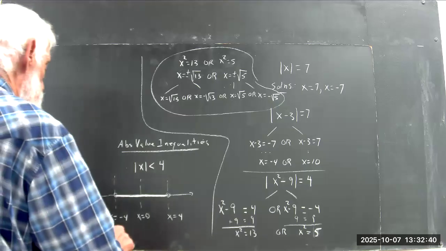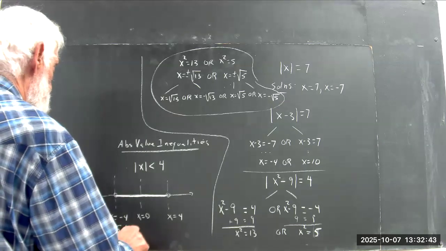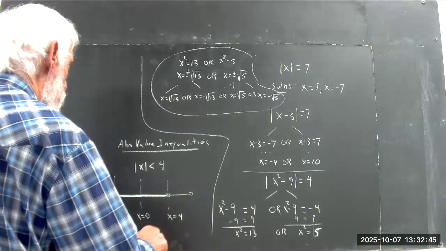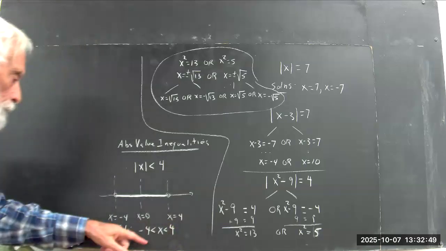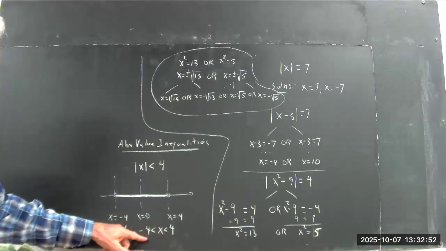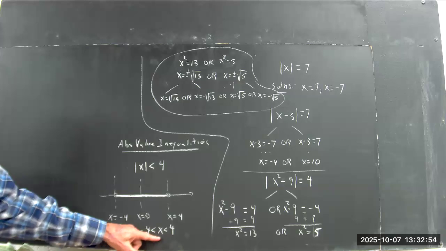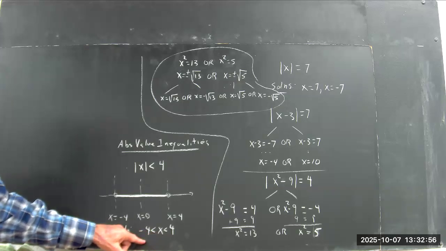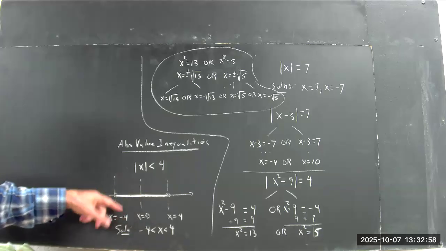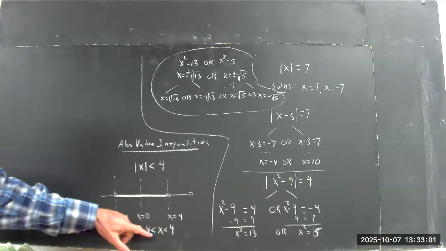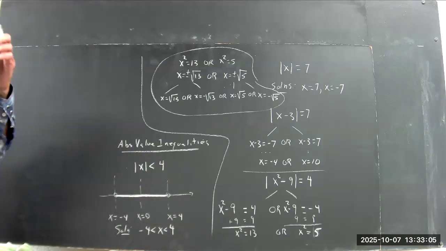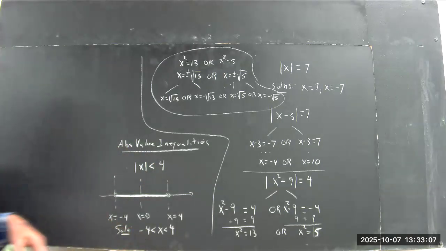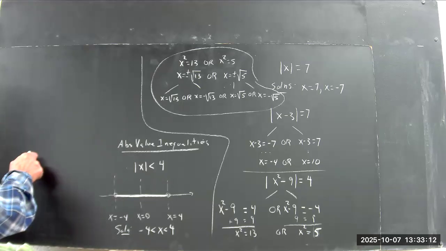So -4 is less than x, which says that x is greater than -4, right? Any x in here, -4 is less than it. And x is less than 4. Any number in here has to be less than 4. That's how we write that out. Okay, so what about this?